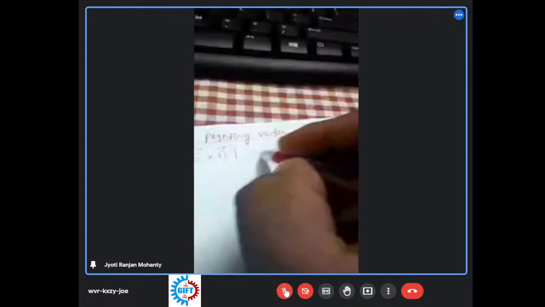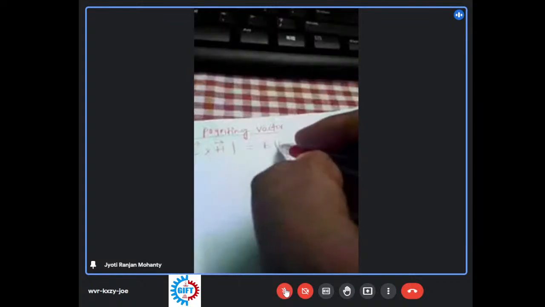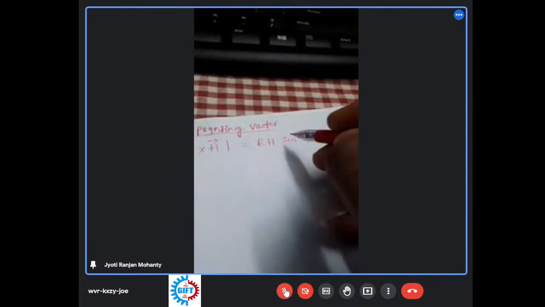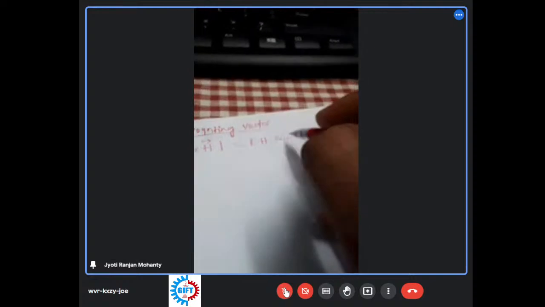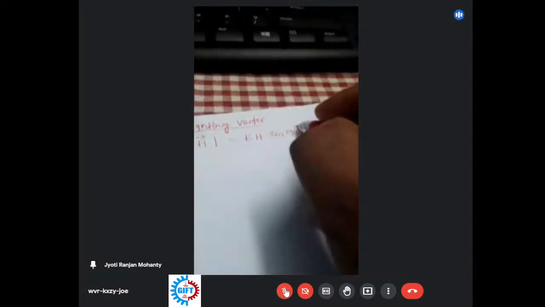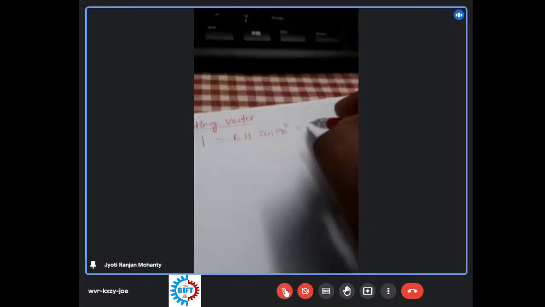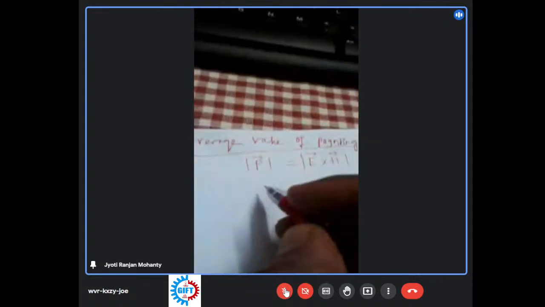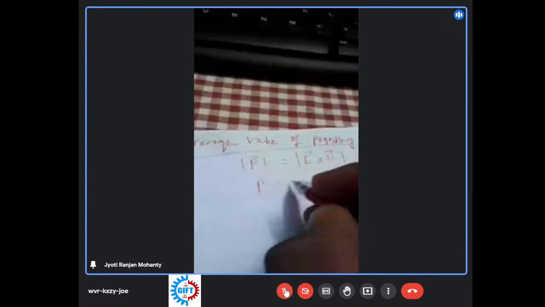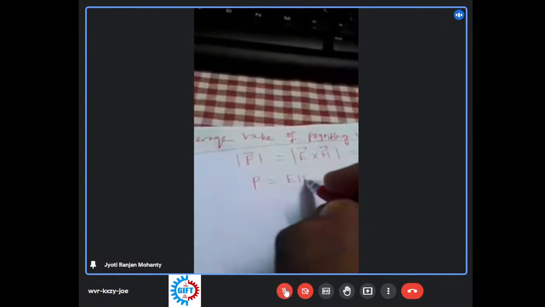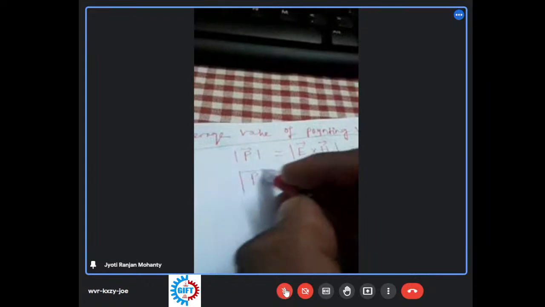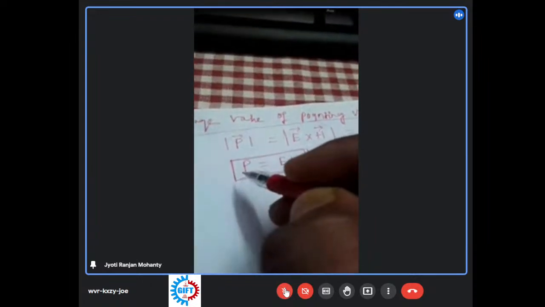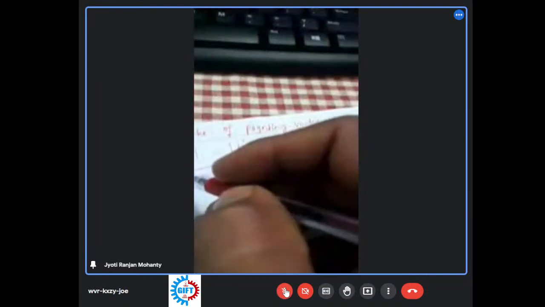What is theta between E and H? 90 degree. What is sine 90 degree? 1. So we got one formula. If you multiply E with H, we can get the magnitude of the Poynting vector. So P is equal to E into H.